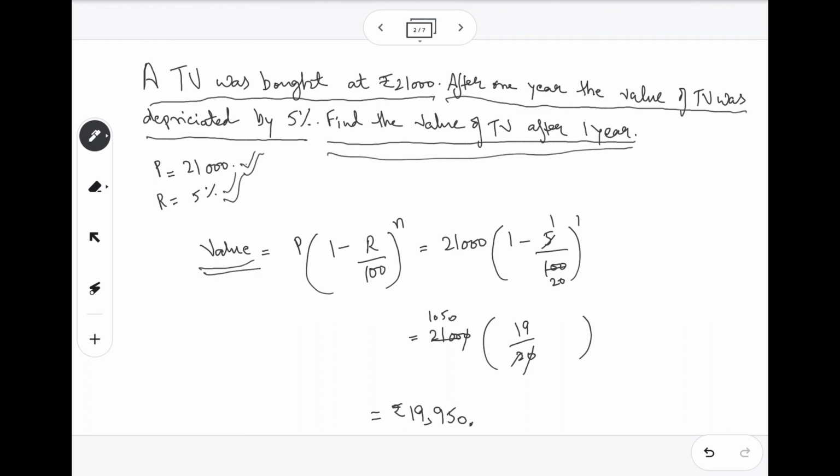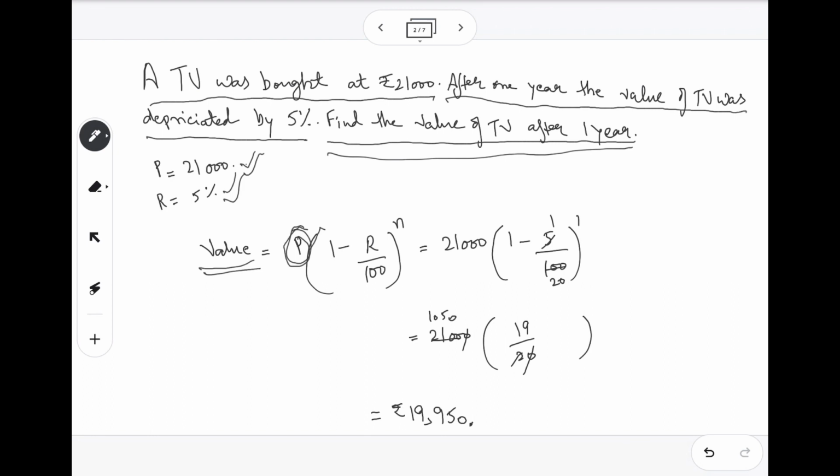So on calculating the value, there is a slight change in the formula. In the simple formula there is principal into 1 plus r upon 100 raised to power n, but there is depreciation, so the formula would change to principal into 1 minus r upon 100 raised to power n.